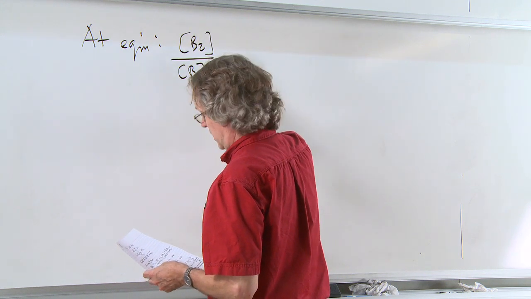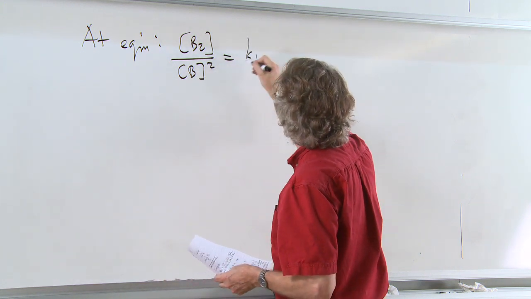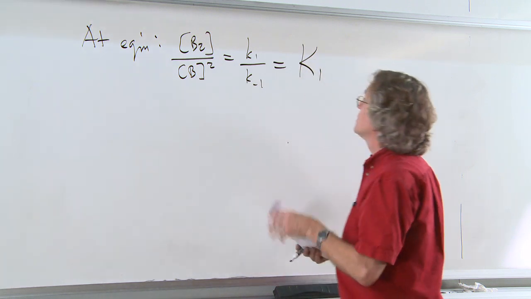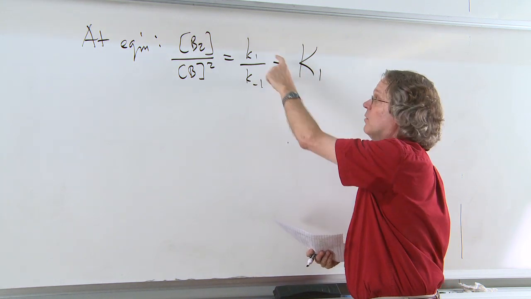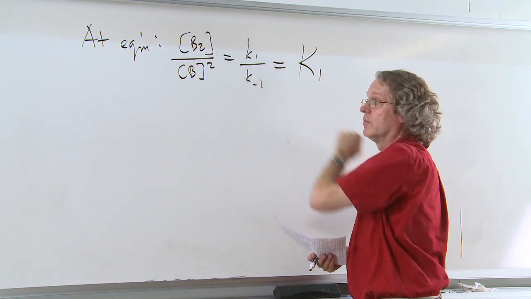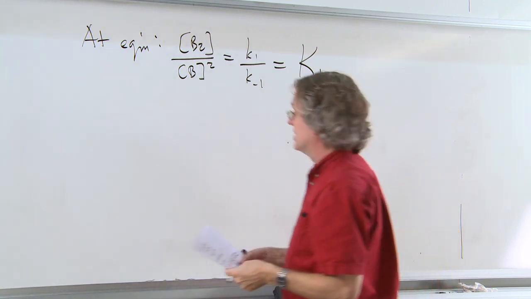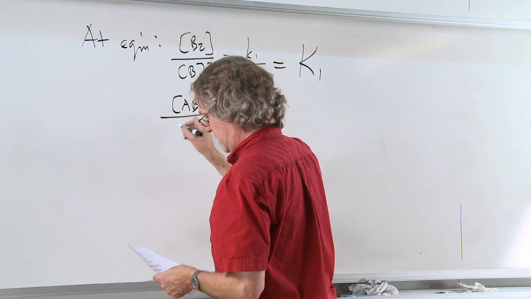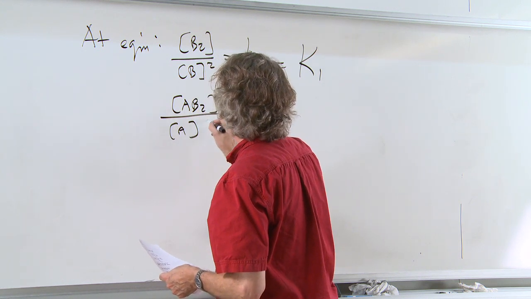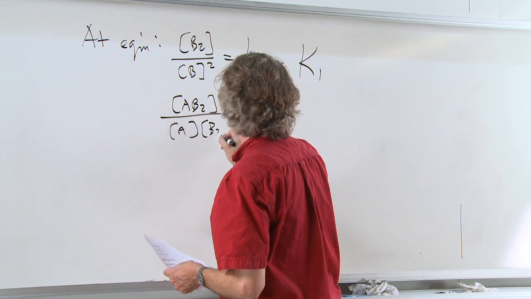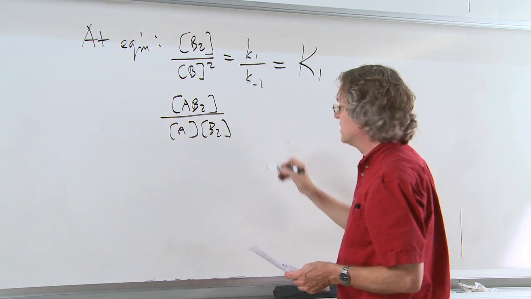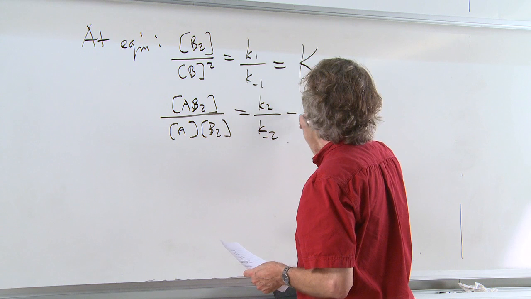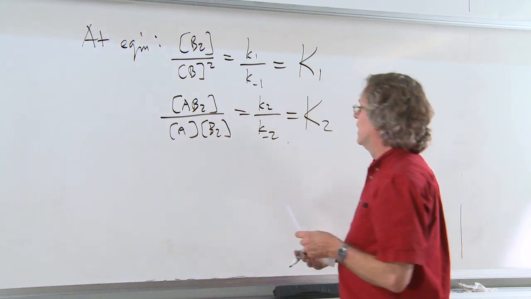So for example, from the first step, you find that there's an equilibrium-like expression with an equilibrium constant K1. That's the ratio of the forward and reverse rate constants. Likewise, for the second step, we can write an analogous expression that involves concentrations of products over concentrations of reactants in that step. And this one is now related to the ratio of the forward and reverse rate constants for the second step.